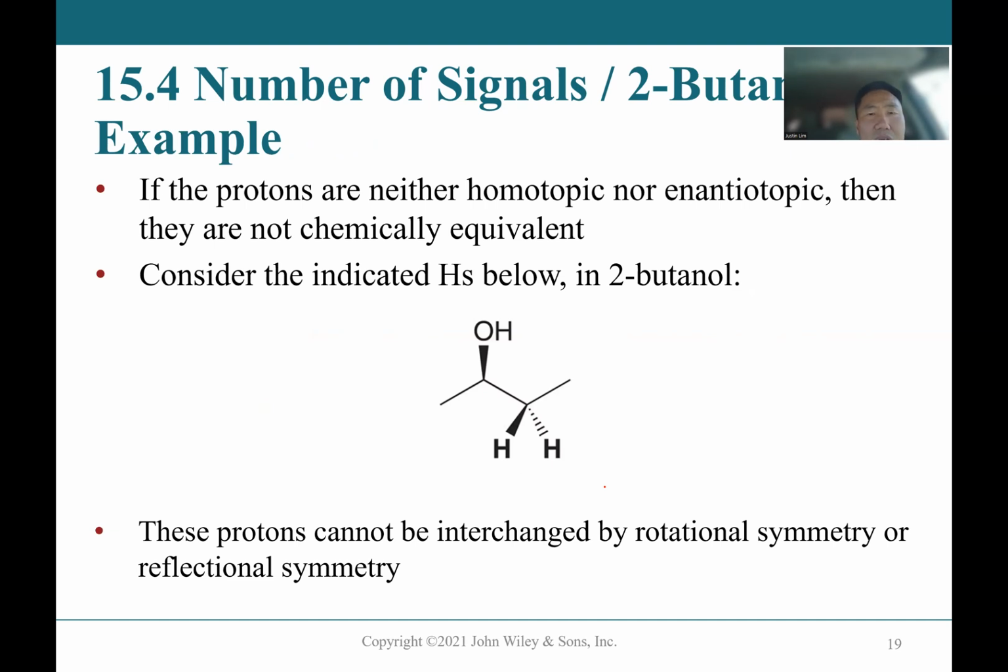If protons are neither homotopic nor enantiotopic, they are not chemically equivalent. Let's consider the protons indicated below.